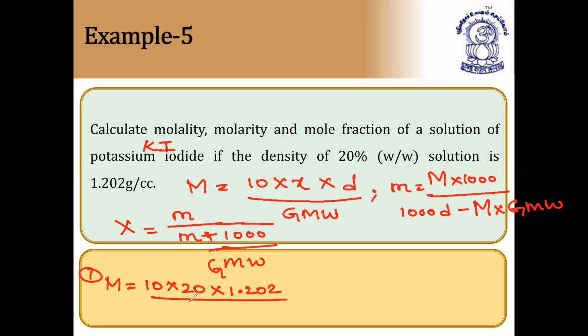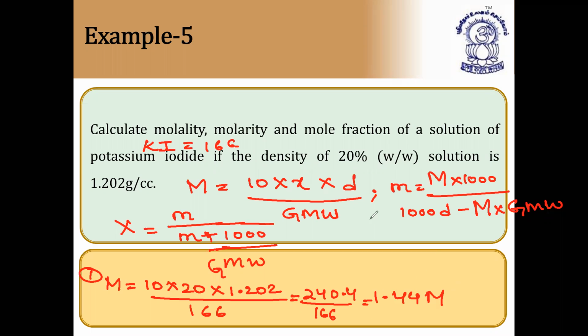Now the calculation: numerator multiplication, 10 into 20 into 1.202, is equal to 240.4, divided by 166. It is coming around 1.44. So molarity is equal to 1.44.